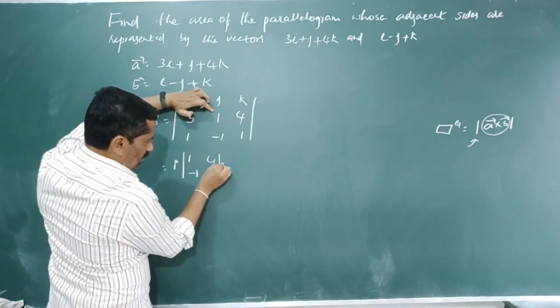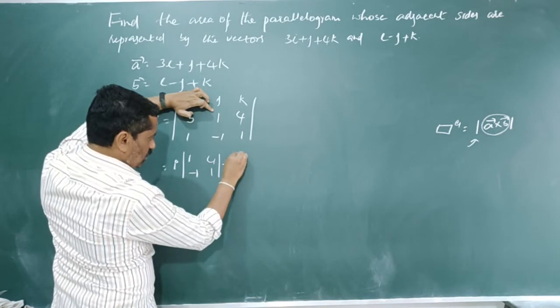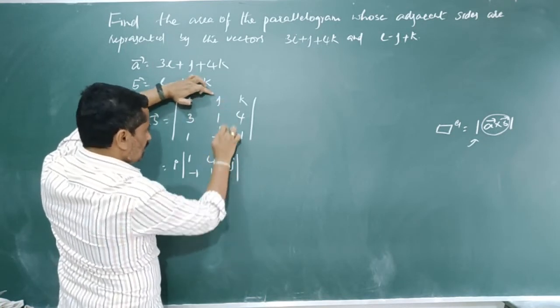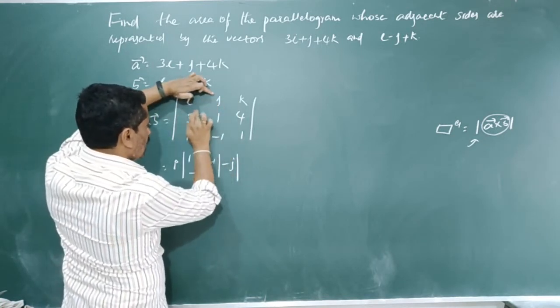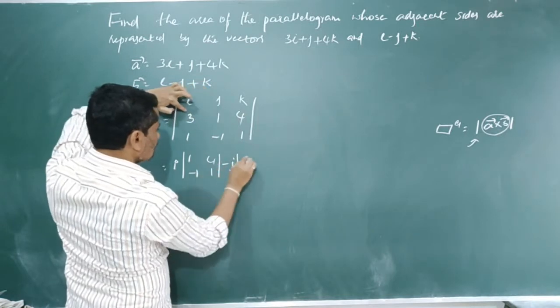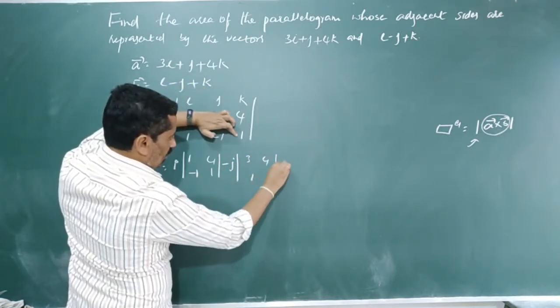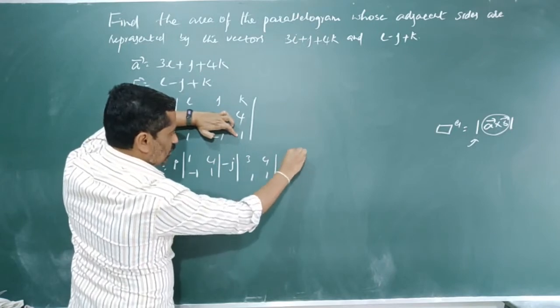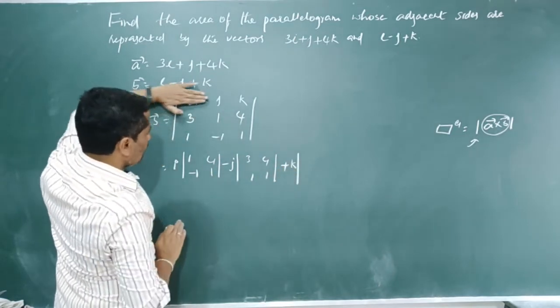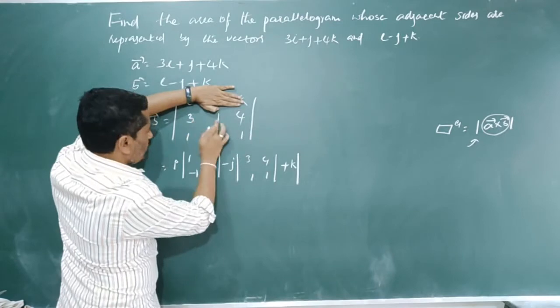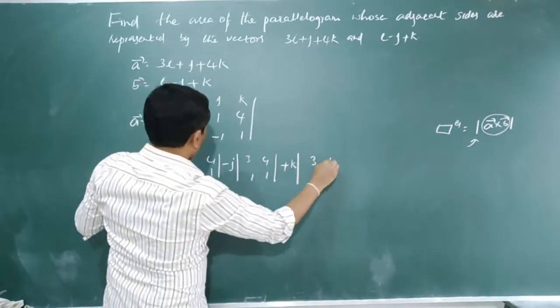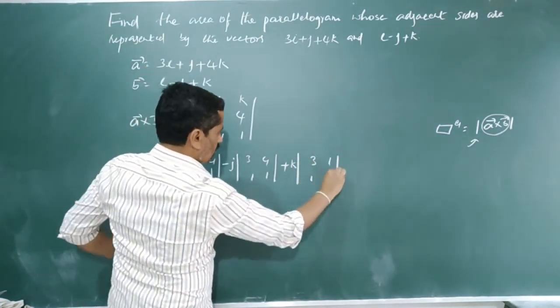Again with sign minus, j into the determinant of, deleting this entire column and row, 3, 4, 1, 1. Again plus k into the determinant of, deleting entire row and column, 3, 1, 1, minus 1.